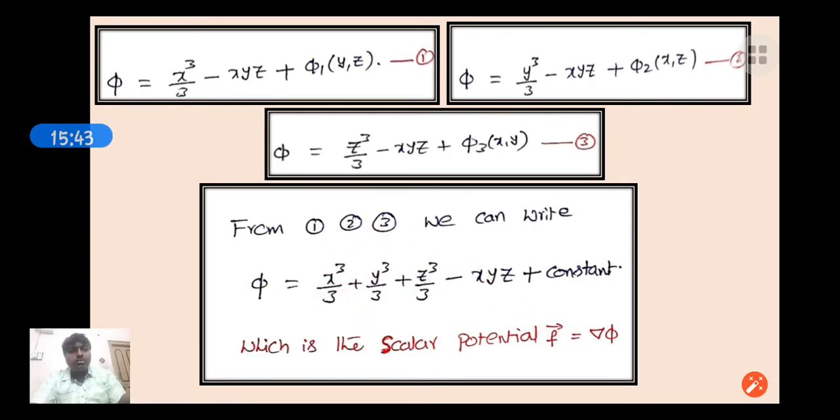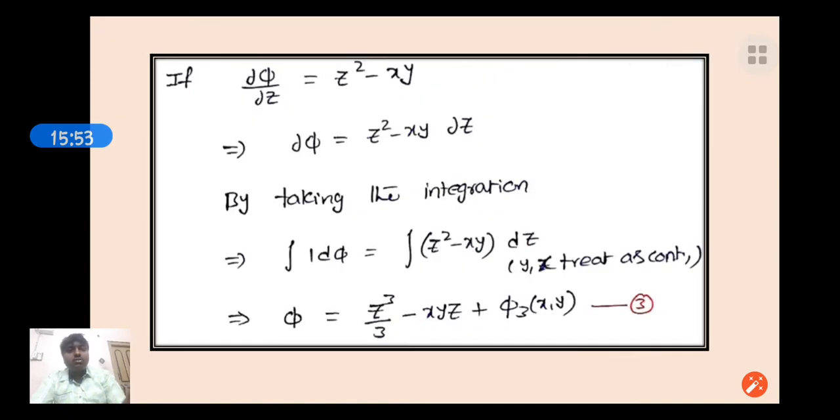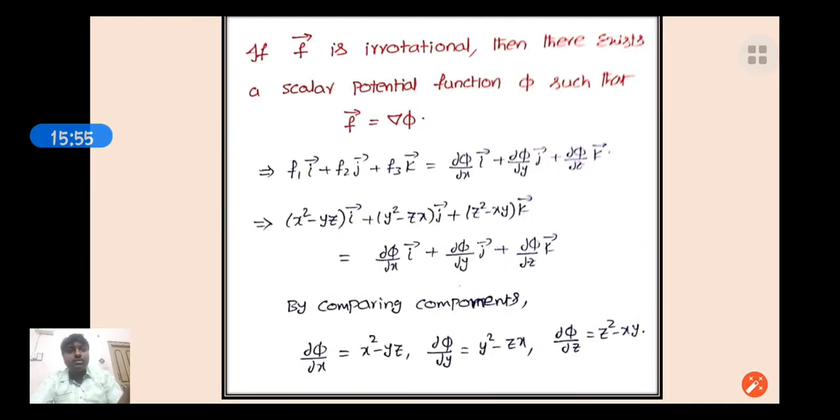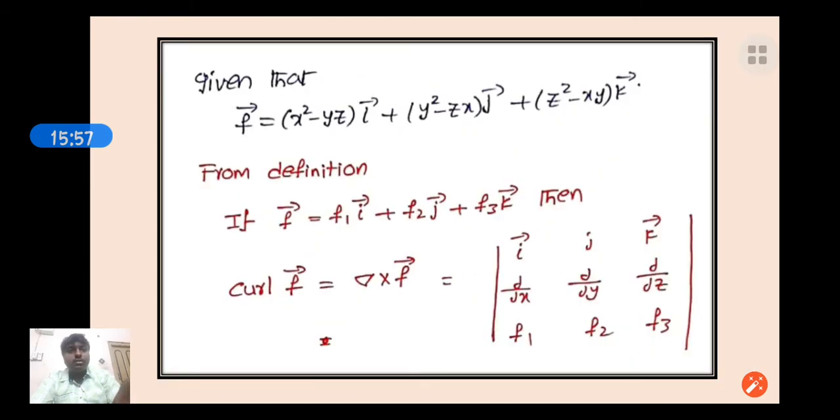For example, dou phi by dou x. Dou phi by dou x is the derivative of x cube by 3, that is nothing but x square minus yz. Okay, when you observe your f bar, the component of i bar is x square minus yz, the component of j bar is y square minus zx, and the component of k bar is z square minus xy.